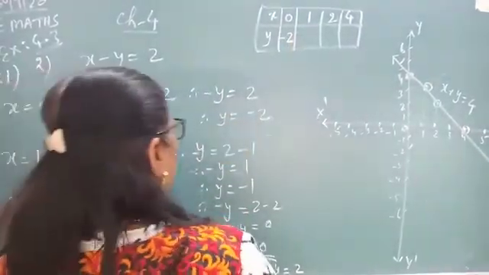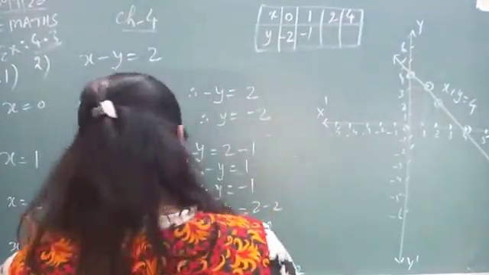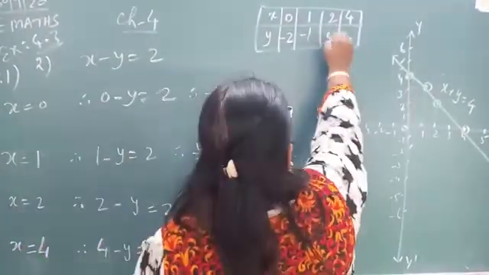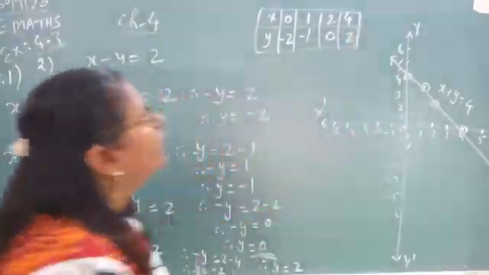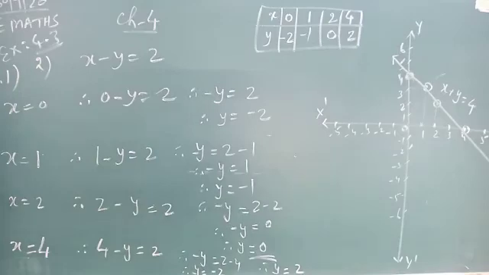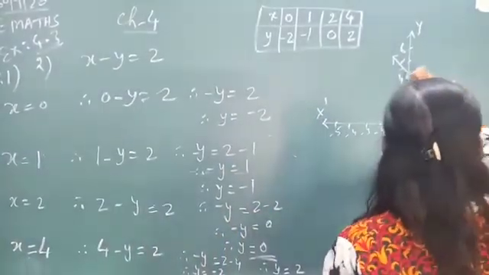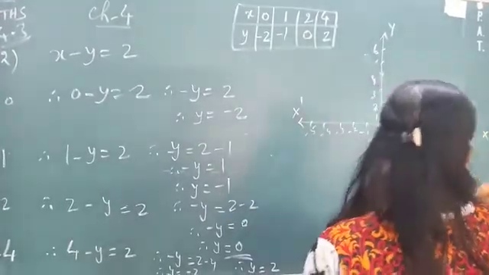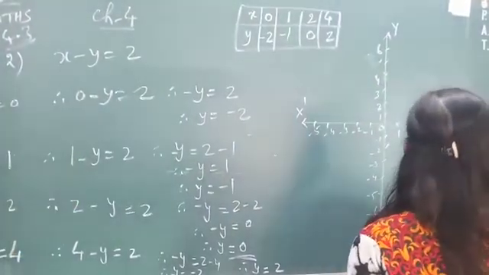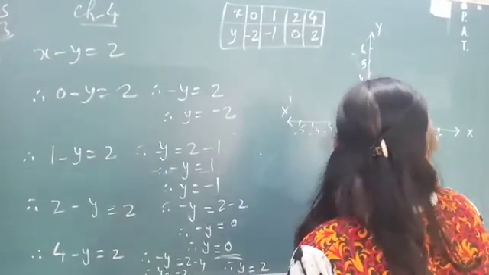If x is 1, y is minus 1. If x is 2, y is 0. If x is 4, y is 2. Okay, now all these values you write in the table. Now we plot the graph for all these values. So today we discuss only the first graphs, and tomorrow we shall discuss the other 2 graphs. You have to draw only 2 graphs today, 1 and 2.